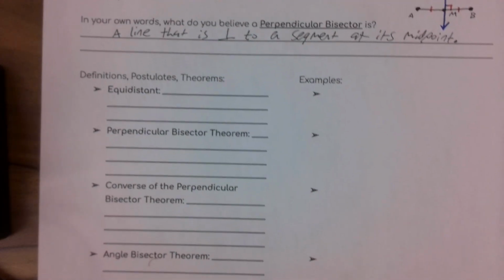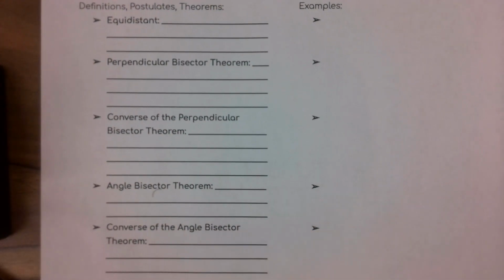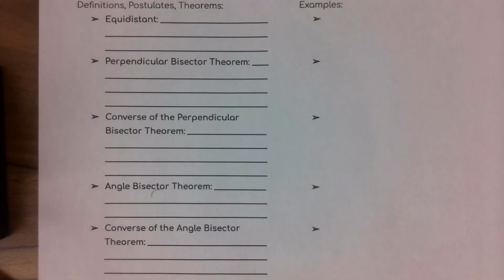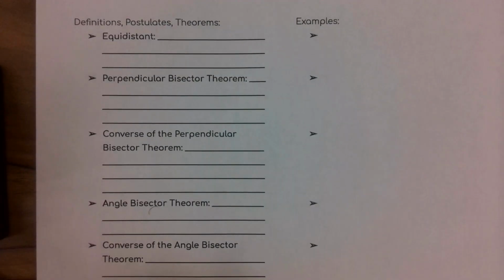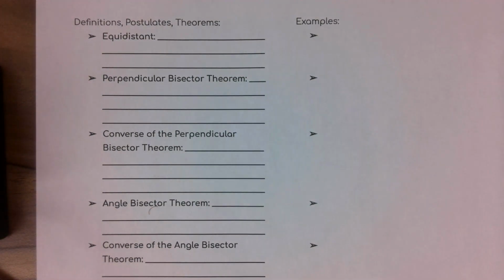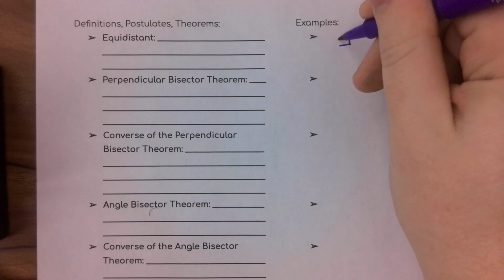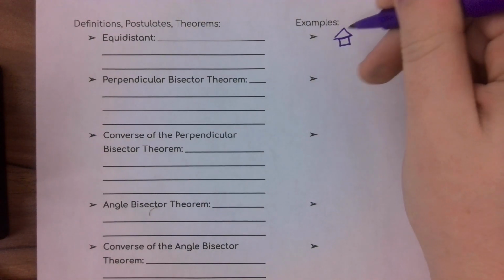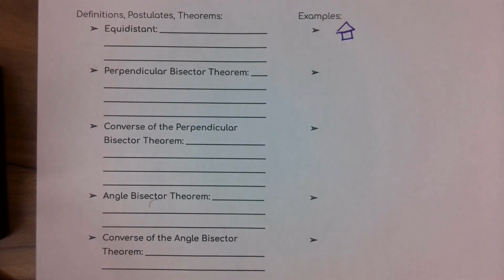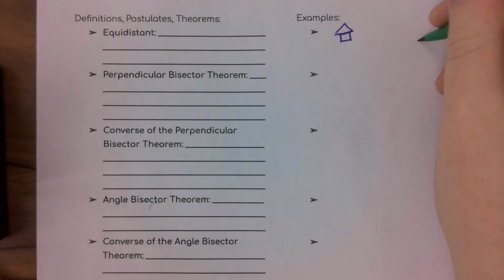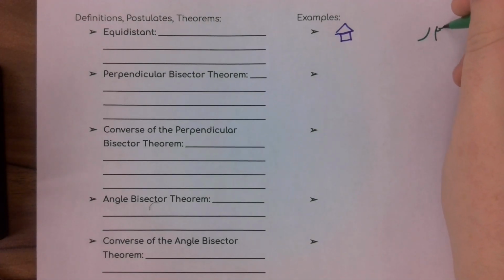So let's talk about some definitions that are going to help us here in the future. The first definition I want to talk about is equidistant. And this is a word that we use just in regular everyday English. Let's say we've got a house over on this left side. And let's say we've got a tree over on this right side.